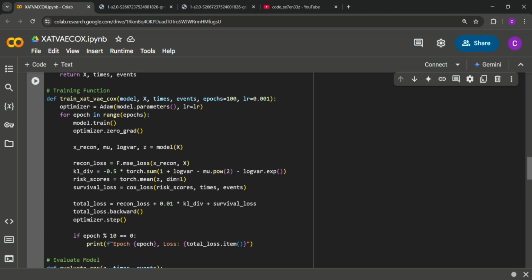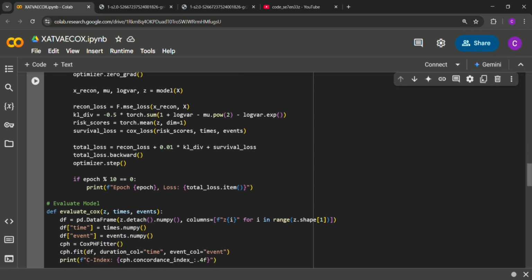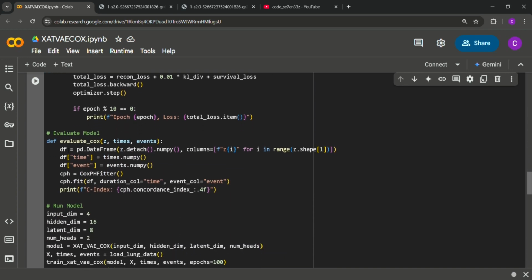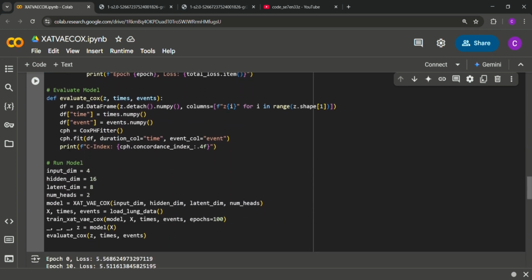KL divergence encourages smooth and continuous latent space representation. Survival loss, the Cox loss, ensures the model correctly ranks survival risk. Total loss is the sum of all losses with KL divergence weighted by a 0.1 factor. Backpropagation of the total loss updates model weights. This function trains the model by optimizing survival ranking and feature reconstruction.